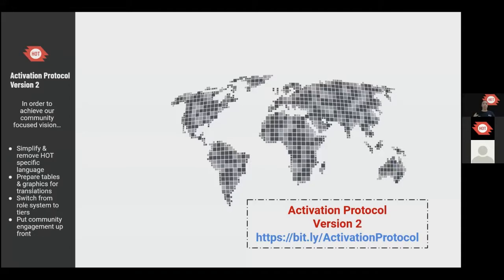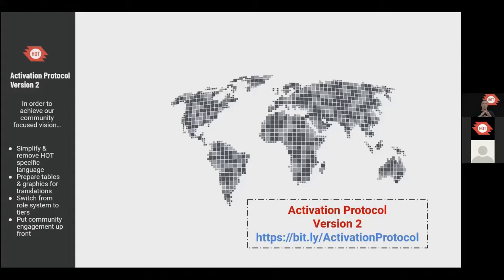So in February, we finally got version 2 done. Hopefully what we did with this was simplify the document, or simplify the language, and made the graphics all translatable, so that we can get it into different languages more easily.